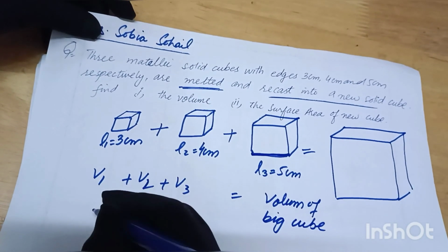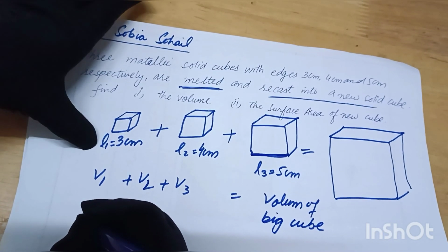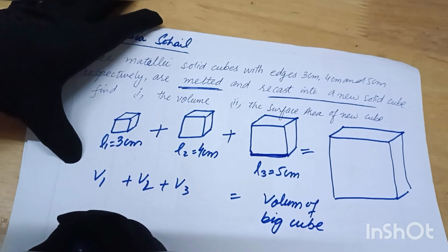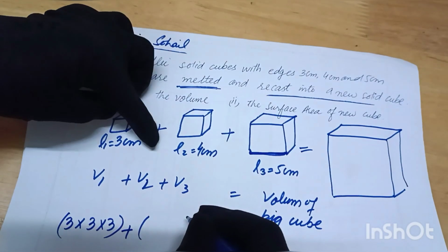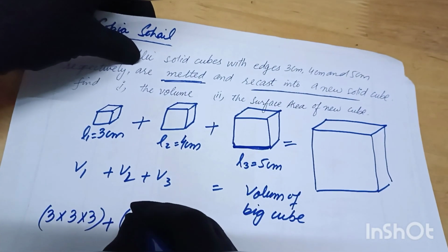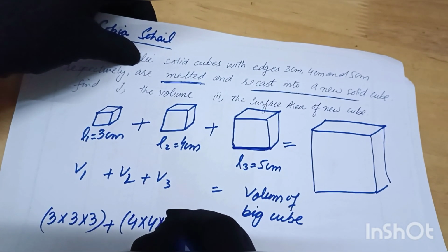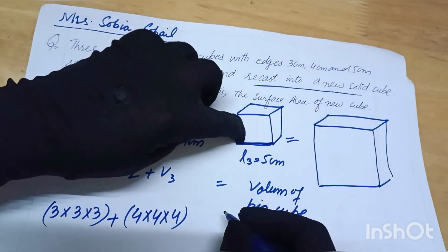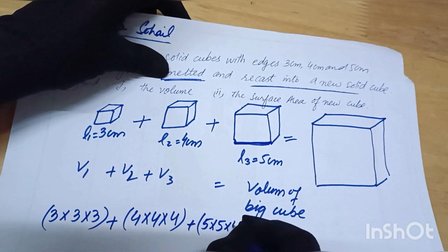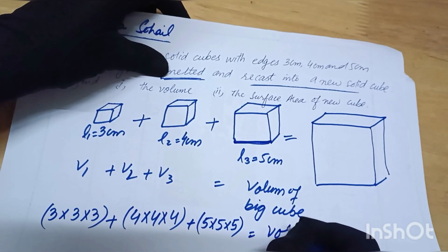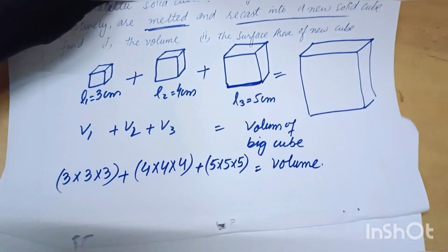Volume 1 is length 3 times 3 times 3, plus volume 2 is 4 times 4 times 4, plus volume 3 is 5 times 5 times 5, equals the bigger volume.